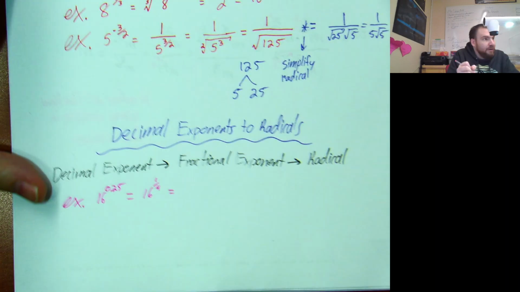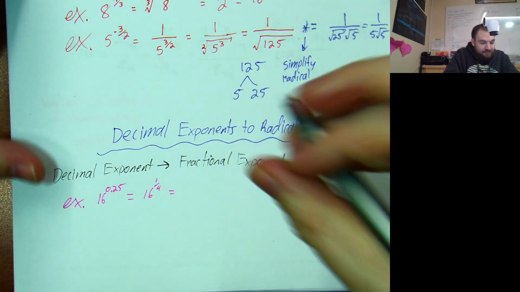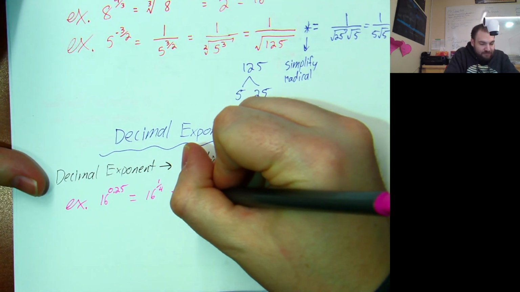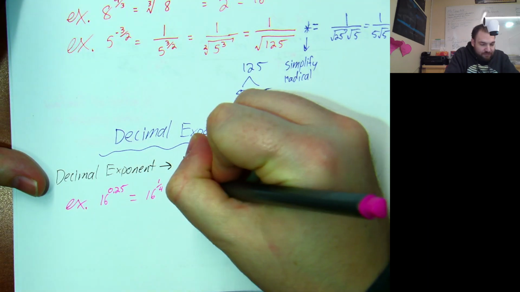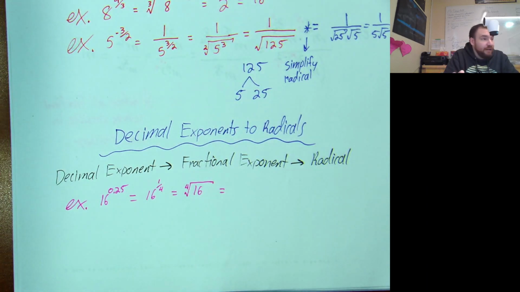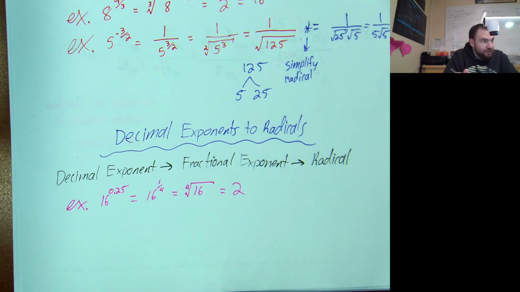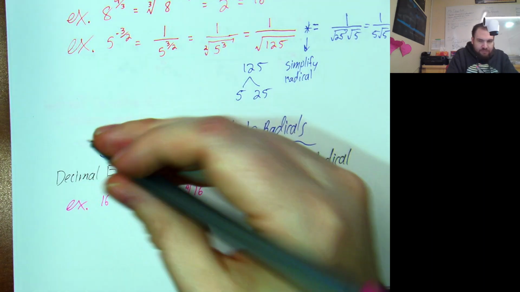Which is going to become the 4th root of 16, which is just going to be 2. Easy, yeah? Okay, but what if I gave you something a little bit more gross?